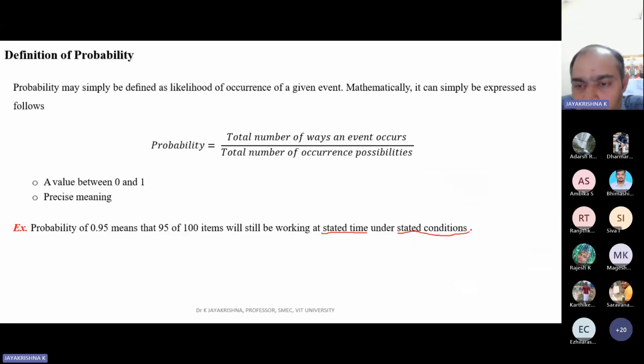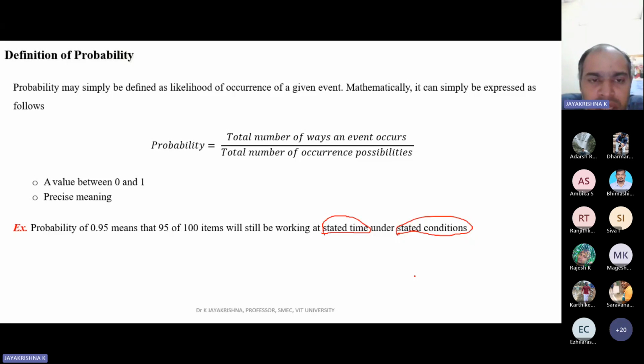These two phrases are very important. Stated time is at a given time, at the given conditions. The given conditions may be the environment in which the component is performing. In that environment, at a given time, what is the performance? That is what we're calculating in this probability.